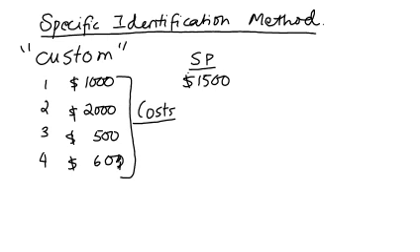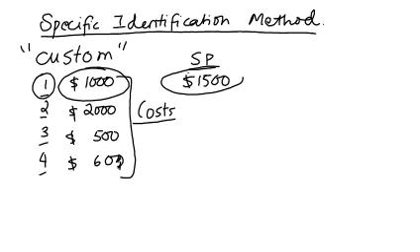Now let us try and see how the specific identification method works. Now, if a customer comes into the store, looks at all these four items that are there for sale, and she likes the one here which cost the company $1,000. So she liked item 1 and the company is going to quote $1,500 as the sale price.